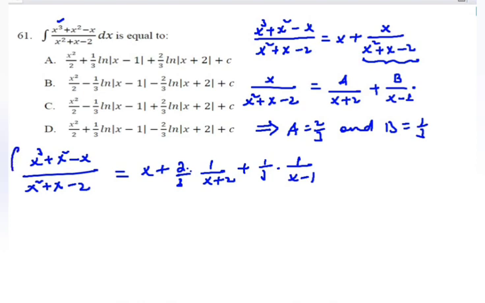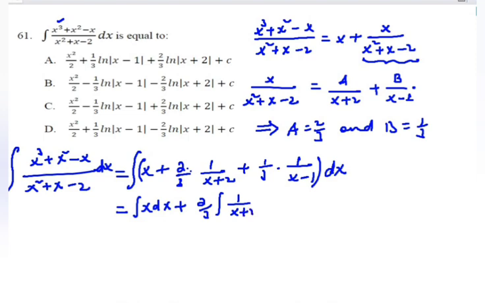Therefore, if you want to do the integral of this one, take both sides by the integral with respect to x, so that it becomes the integral of x dx plus 2 over 3 times the integral of 1 over x plus 2 dx plus 1 over 3 times the integral of 1 over x minus 1 dx plus some integration constant c. C is an integration constant.